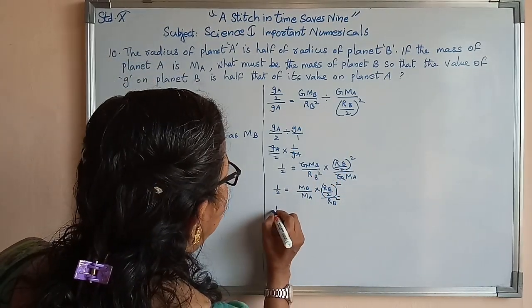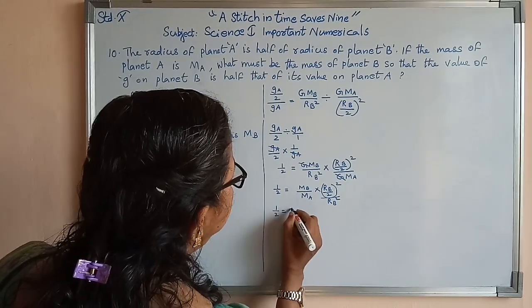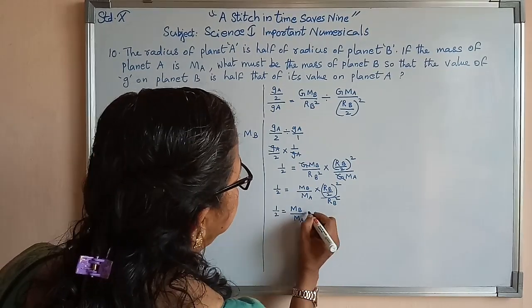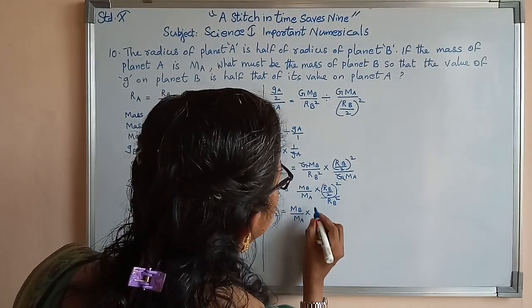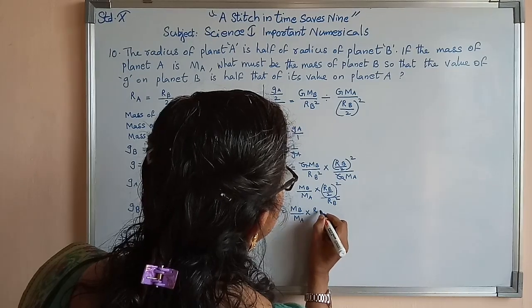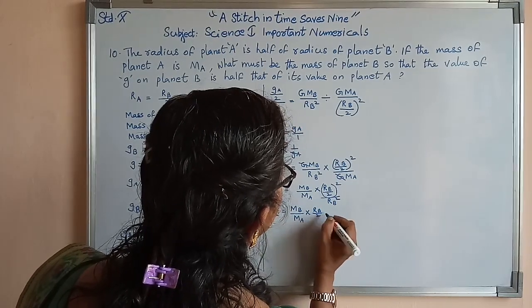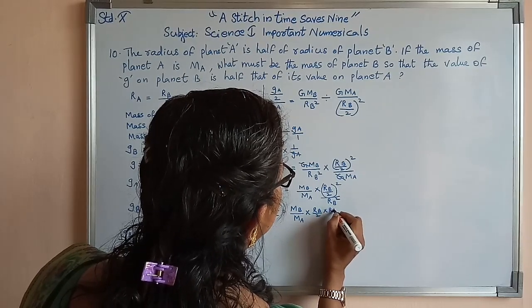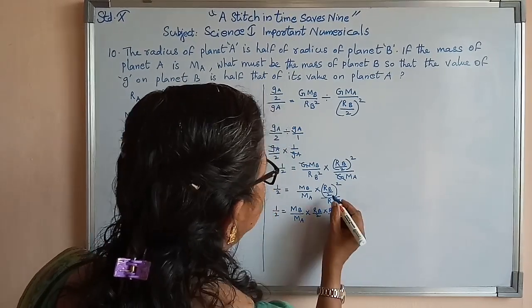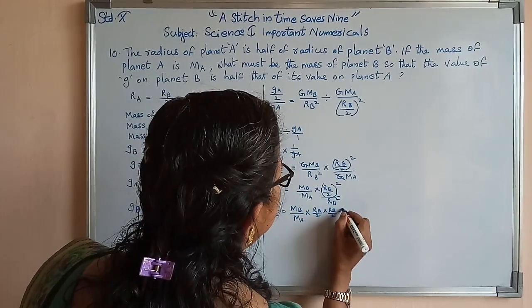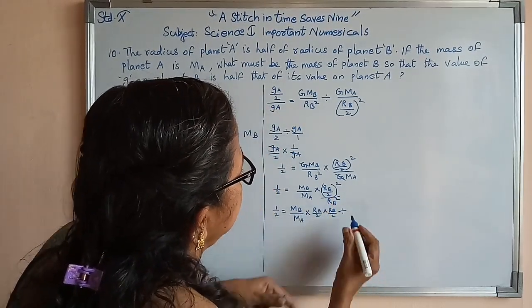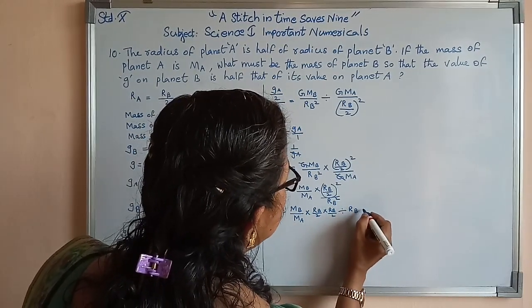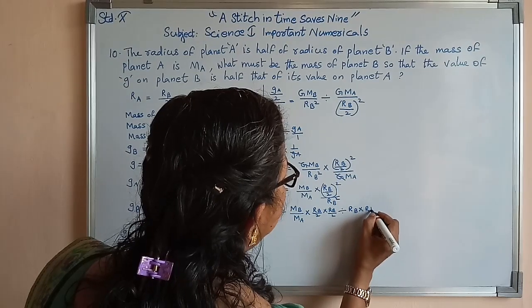Now half is equal to Mb upon Ma into RB upon 2 into RB upon 2, then divided by RB into RB.